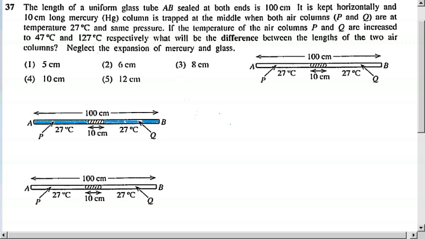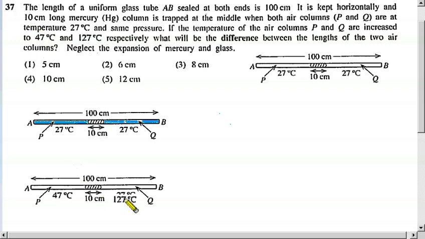and then what they have done, increase the temperature of P column to 47 centigrade and Q to 127 centigrade.